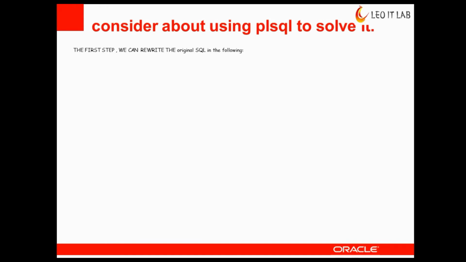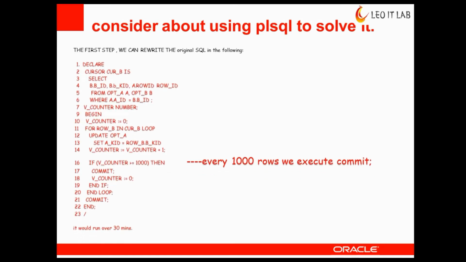The first step, we can rewrite the SQL as follows. This is a solution. We declare a cursor: select the IDs, K_ID from the OPT_A table and OPT_B table with A.ID and B.ID. And we declare the variable counter, begin with counter equal 0, and we declare another cursor.